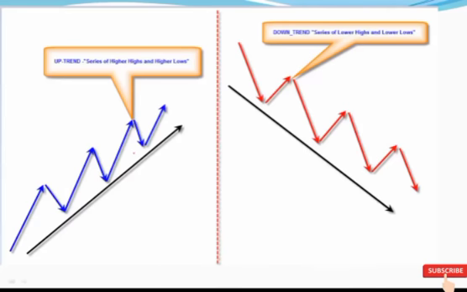There we go. So you have your low, you have your high, and then you have your higher low. This right here is called a retracement, or it's called a pullback, PB.